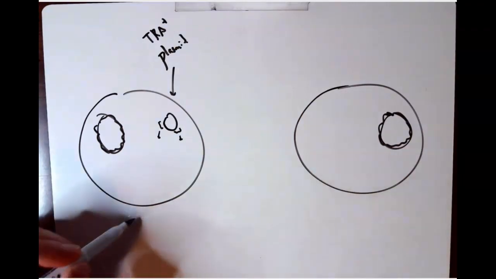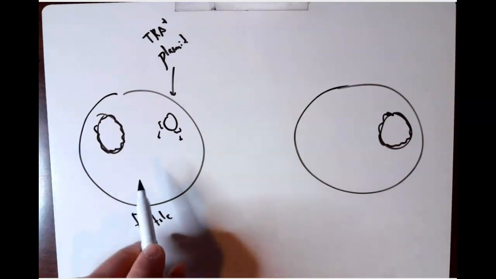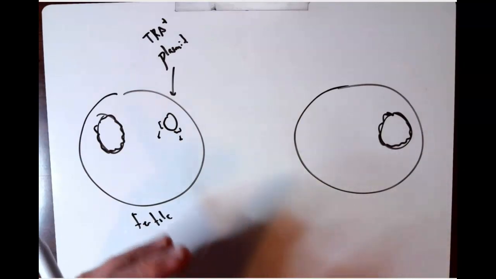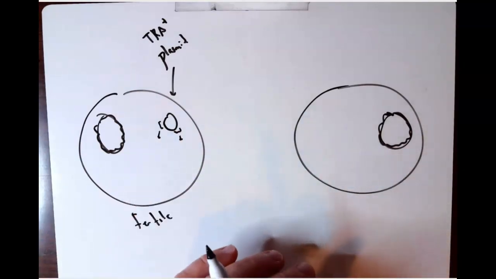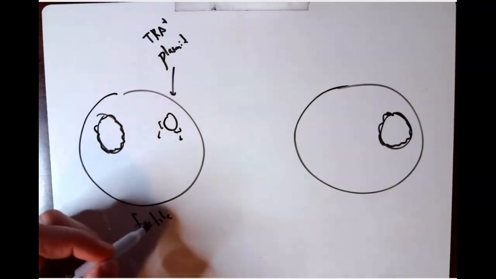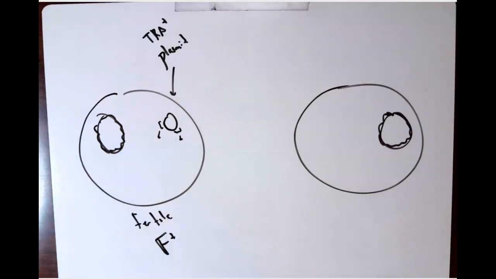So we say that this cell is fertile, in the sexual reproduction way of thinking about it, in that it can transfer its DNA to another organism. That DNA can be traded, and alleles can be traded between organisms. So if this is a fertile cell because it has a plasmid, we say that it's F+.